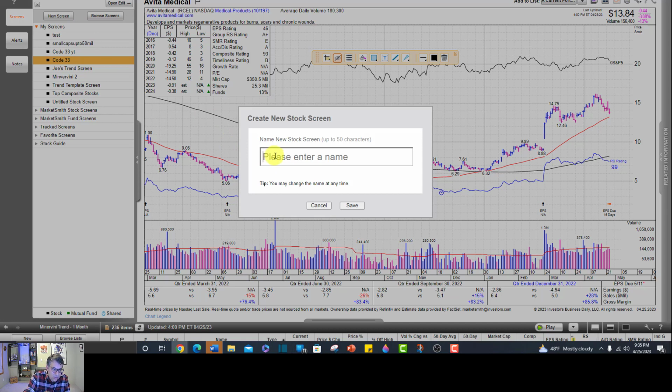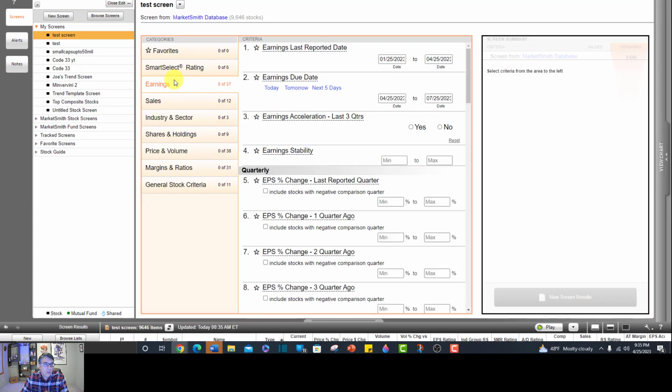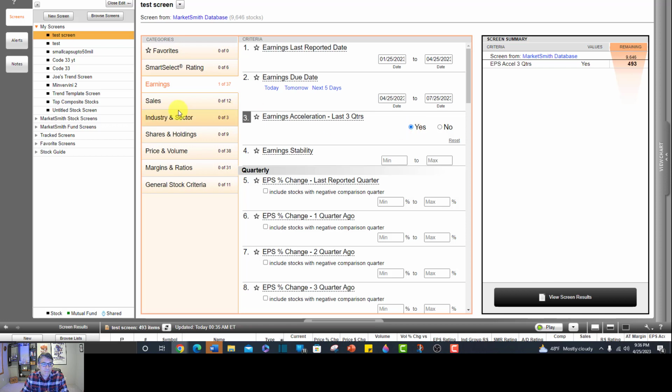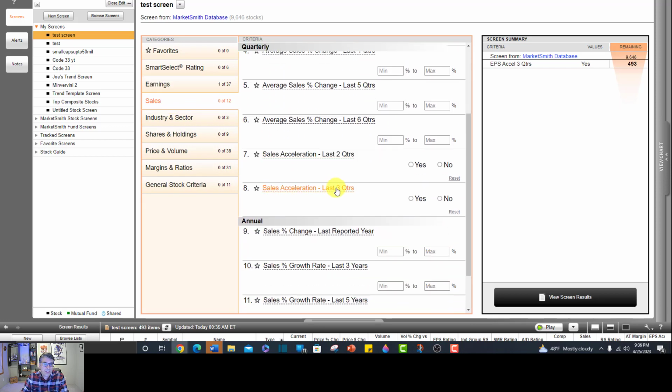Let's just call this test screen. Now here's how you set up a code 33. You go to earnings. You want to see earnings acceleration the last 3 quarters. Then you go to sales. You want to see sales acceleration the last 3 quarters.